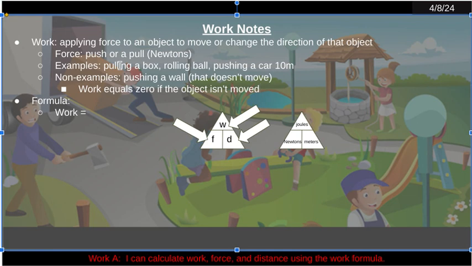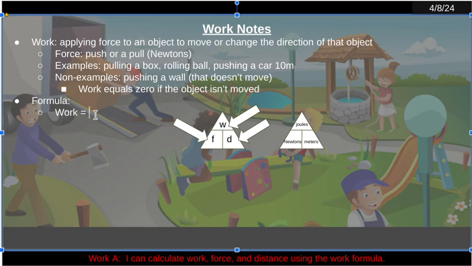I realize that's a little bit confusing, and again, you should not see anything like that. Most of the questions are going to be: as long as there's a force being applied and that object is moving, there's a distance that it covers, then it is considered work.